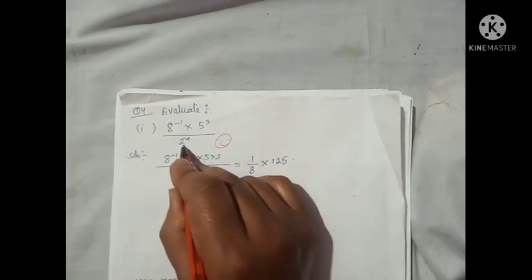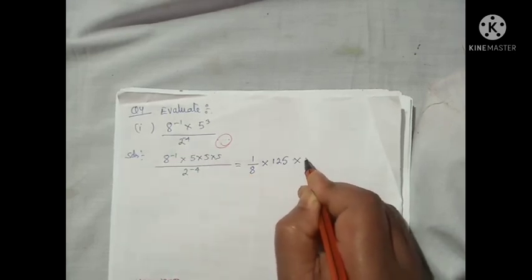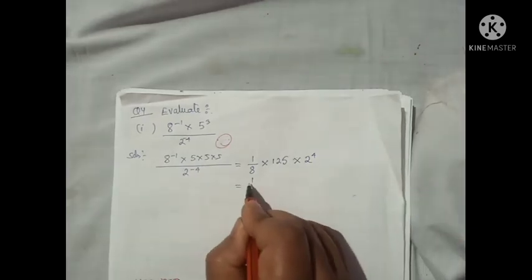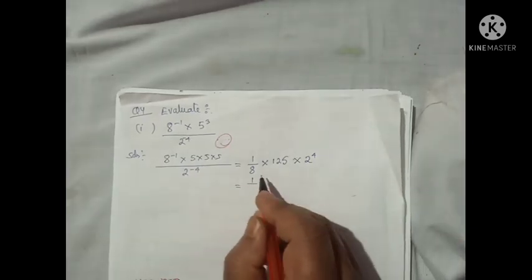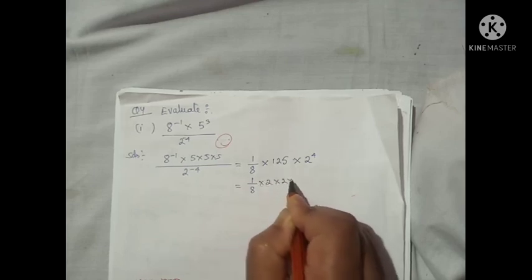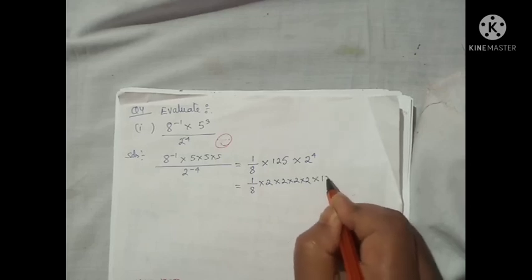And what about this 2 to the power minus 4? 2 to the power minus 4 will become 2 to the power 4 in the numerator. Then it comes 1 by 8 into 2 to the power 4 into 125.